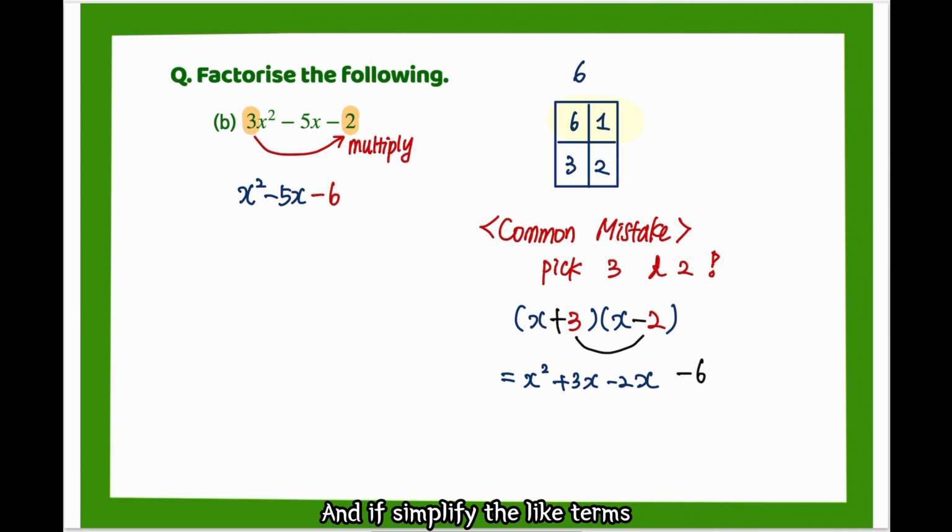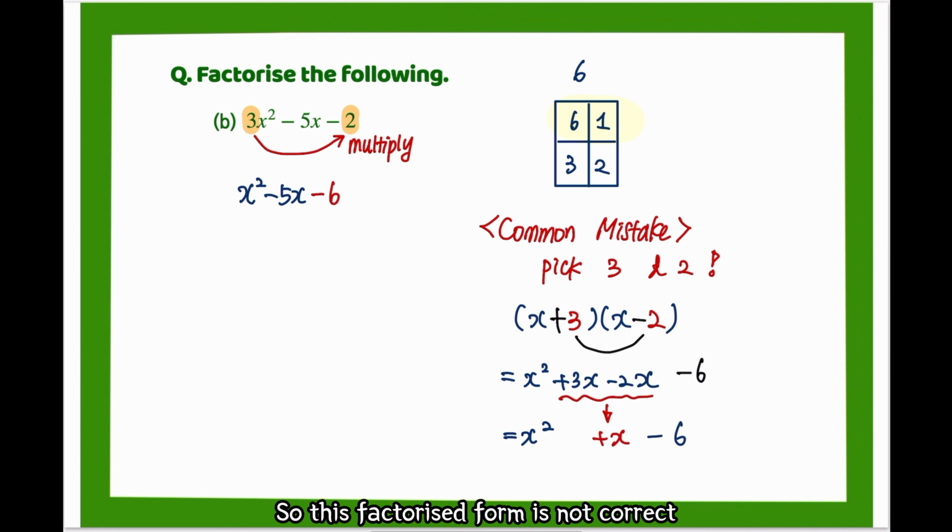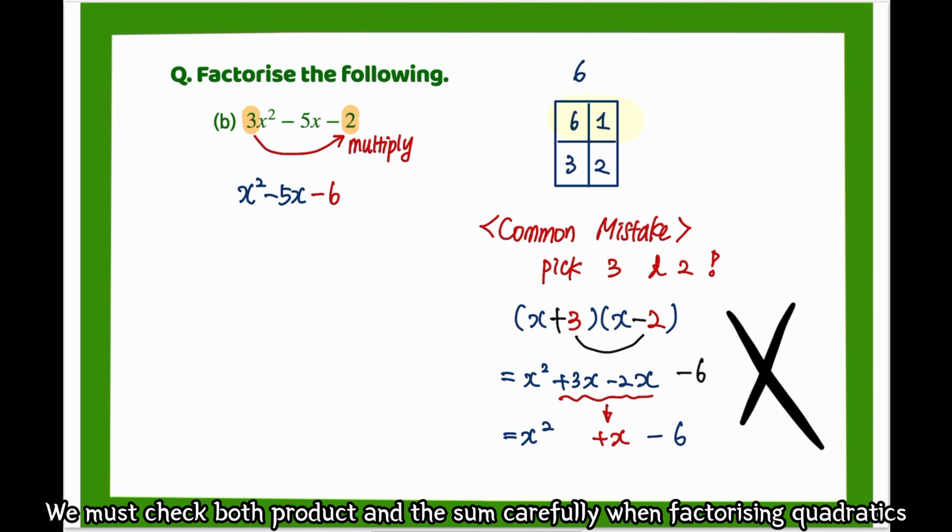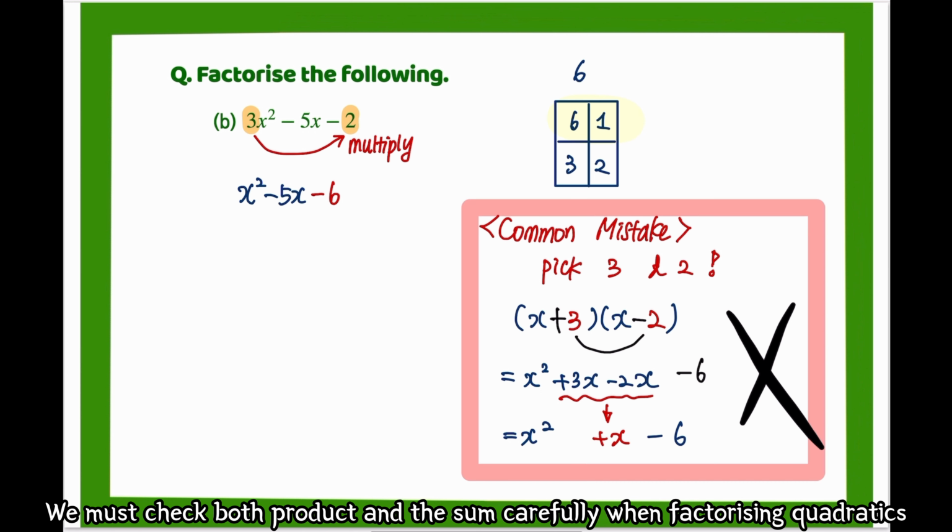And if we simplify the like terms, we get plus x, not minus 5x. So this factorized form is not correct. We must check both the product and the sum carefully when factorizing quadratics.